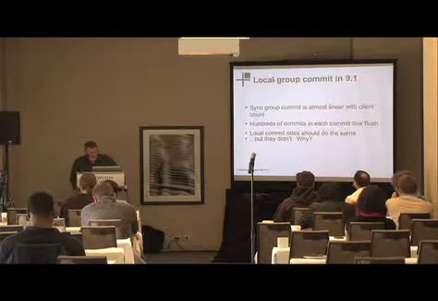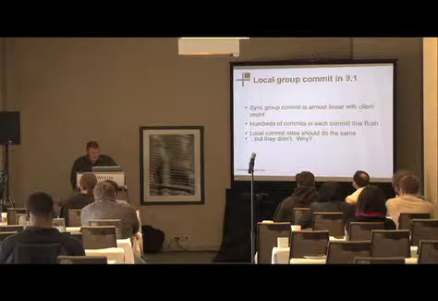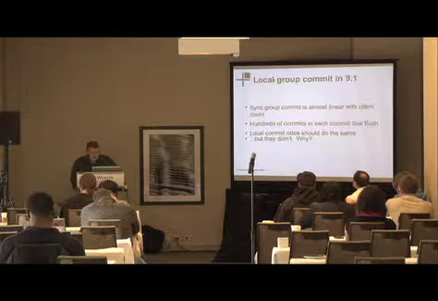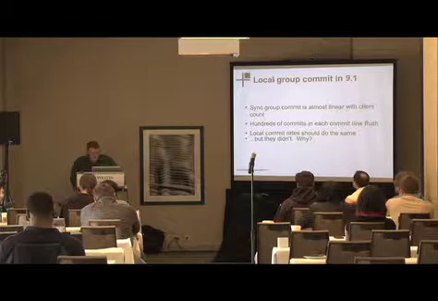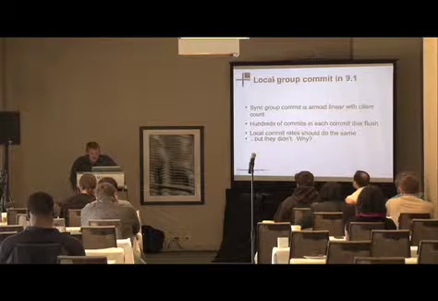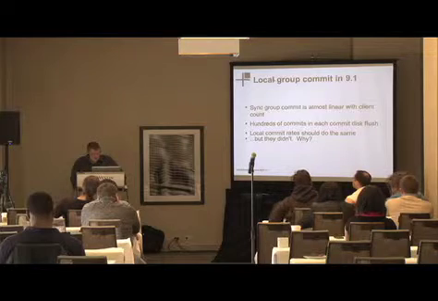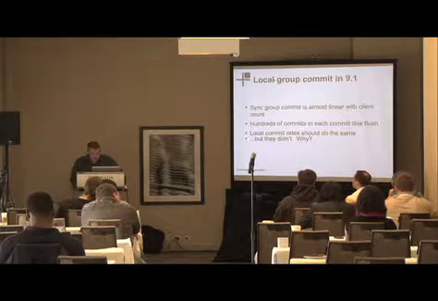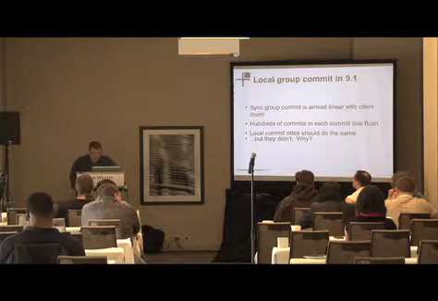I'll talk a bit about the local group commit in 9.1. The sync group commit is almost linear with client count. So you get a little bit of a benefit when you increase the client count, but pretty soon it levels off, gets stuck at a certain point, and just flatlines. So we observed that local commit rates were not doing the same thing as sync rep was doing.